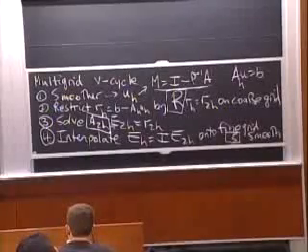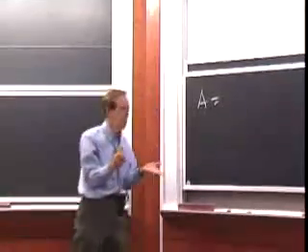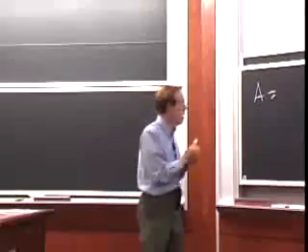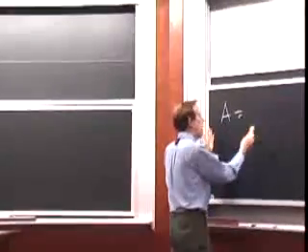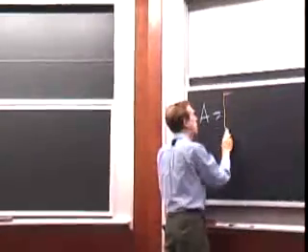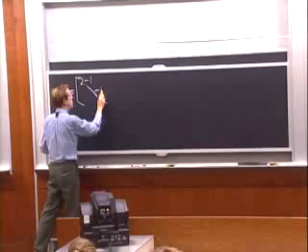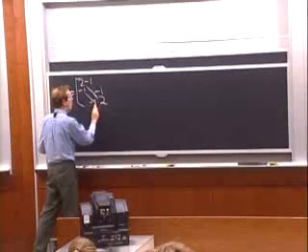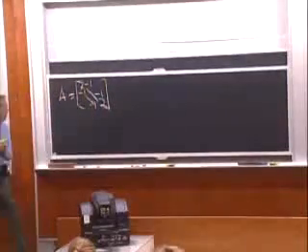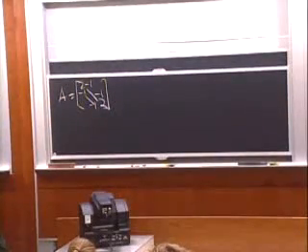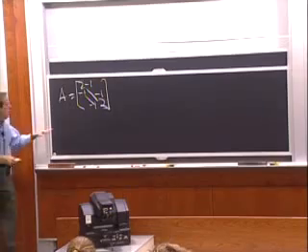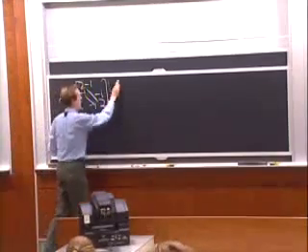Let me tell you the MATLAB experiment I ran. So A is our 2's and minus 1's matrix, our second difference matrix, in 1D, to keep it simple, and it should be divided by h squared.